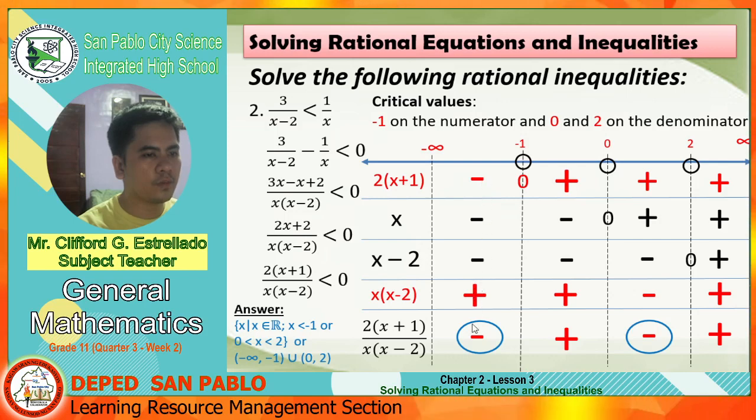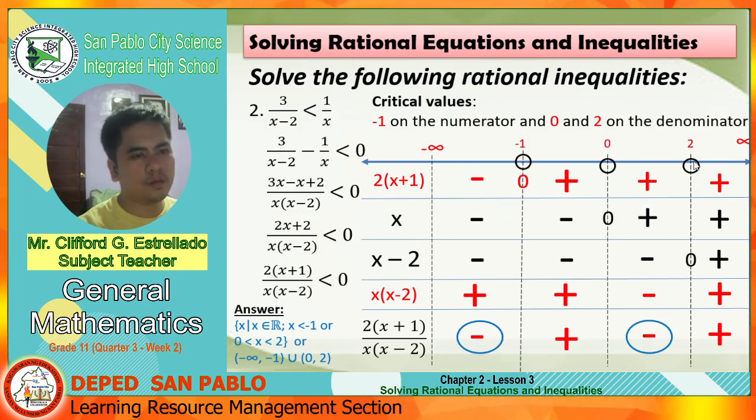So, negative divided by positive, we have negative. Positive divided by positive, we have positive. Positive divided by negative is negative. And positive divided by positive is positive. Since our inequality states that less than 0, so we can say that negative. So, we have here negative on the region from negative infinity to negative 1, but negative 1 is not included.